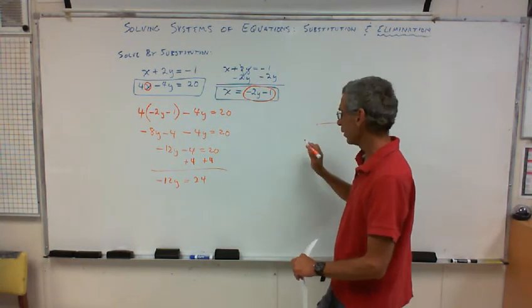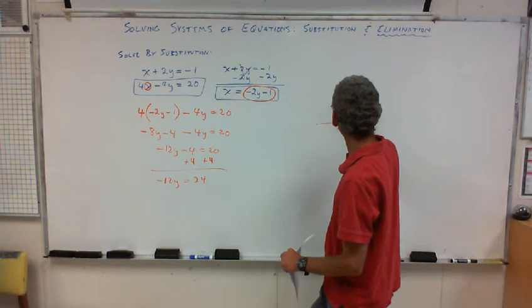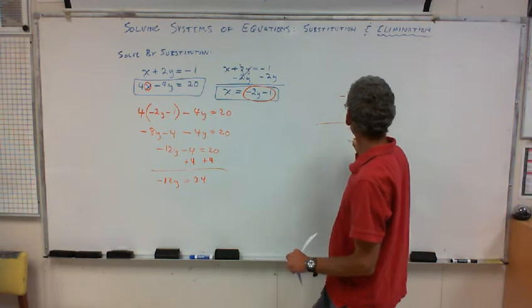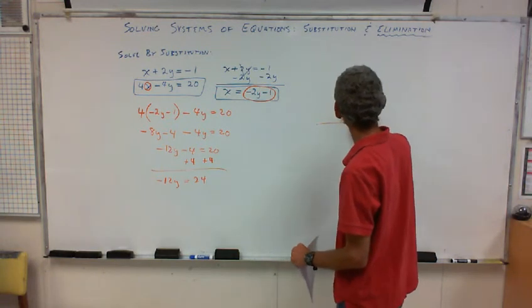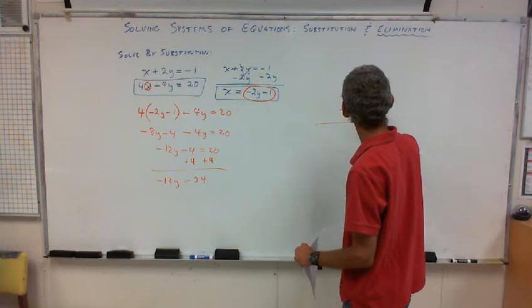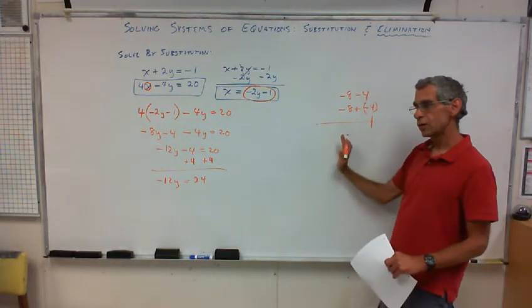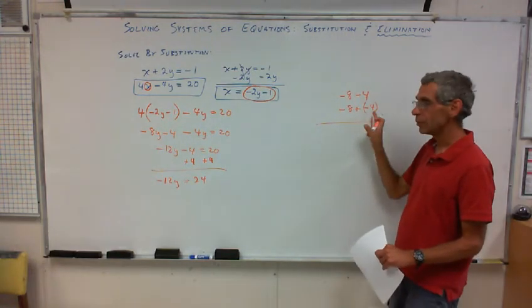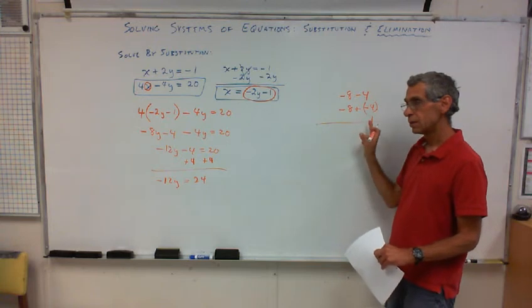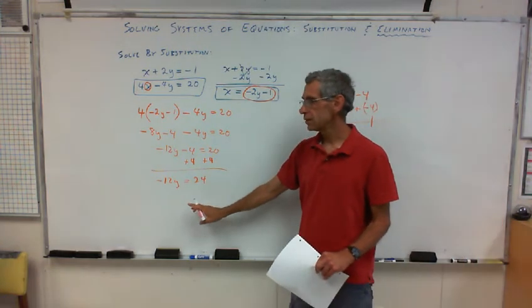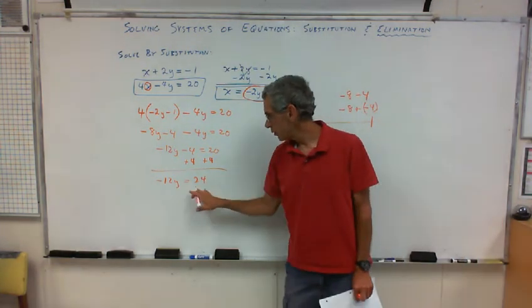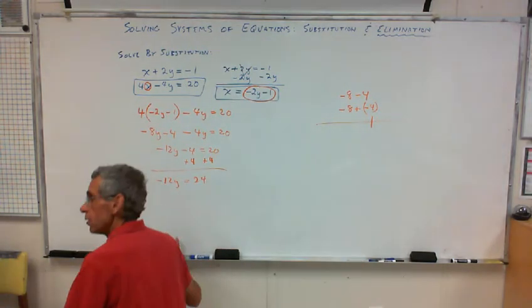What's negative 8 minus 4? That's the same as negative 8 plus a negative 4. So you're always going to be going left. You add the numbers, but you keep the sign, so it would be negative 12y. Does that make sense to you? Okay. So negative 12y equals 24. Divide by negative 12.